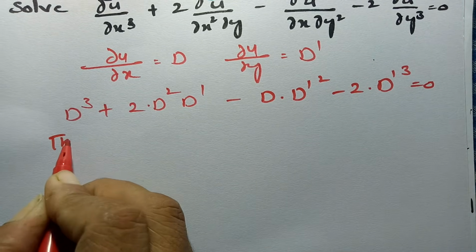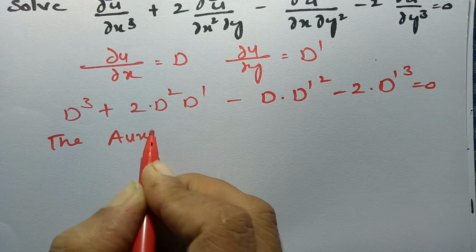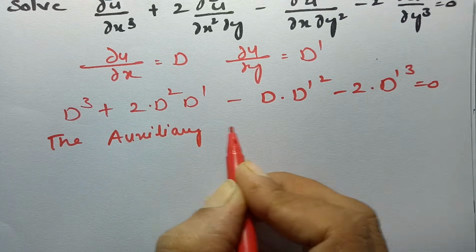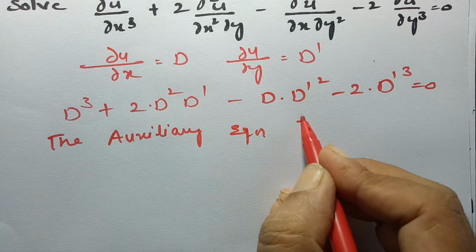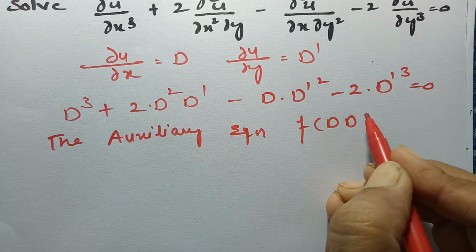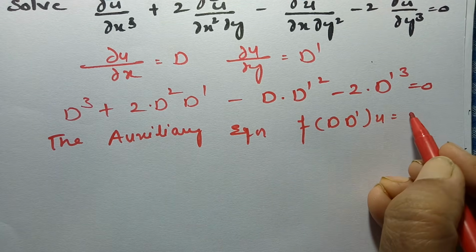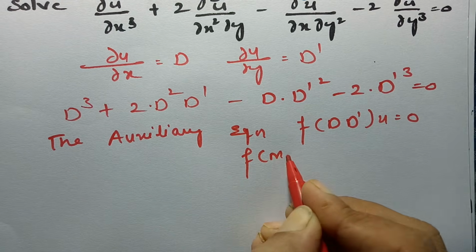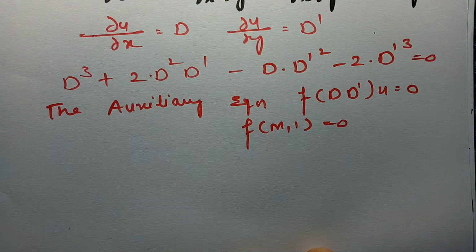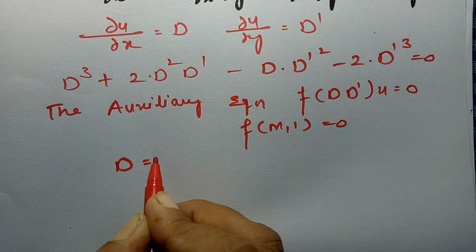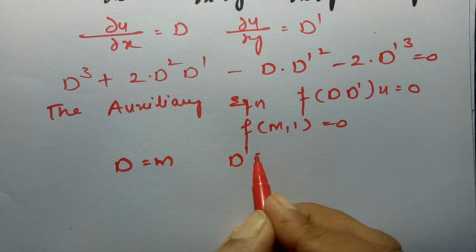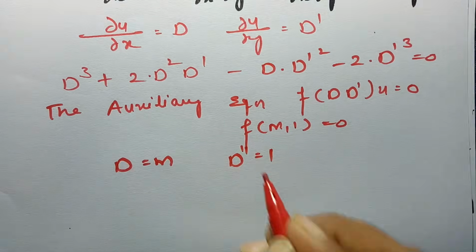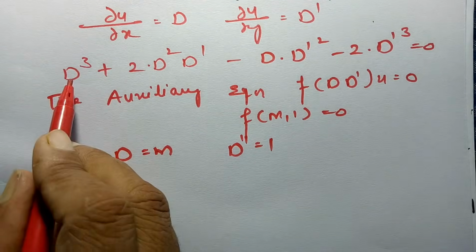Now the auxiliary equation is f of D, D dash of u is equal to 0. That will be f of m comma 1 is equal to 0. So for that we have to keep D is equal to m and D dash is equal to 1. So what will happen?